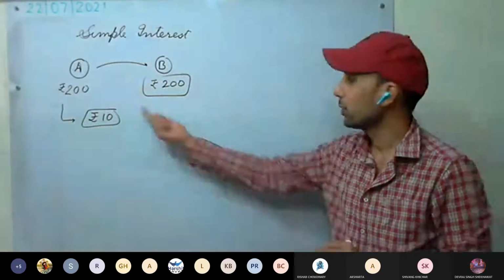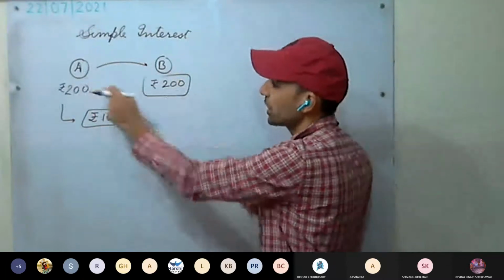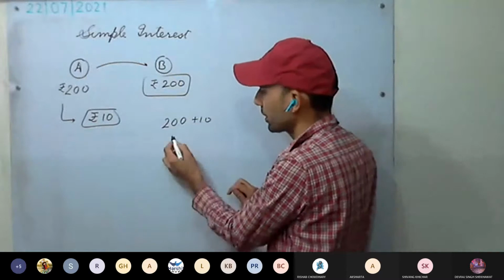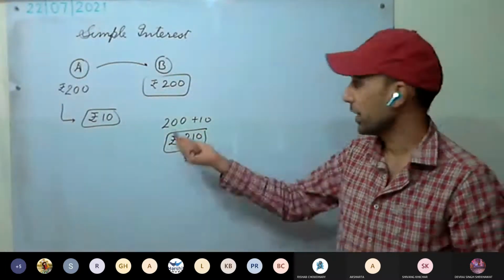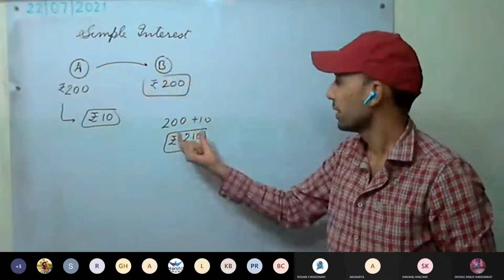So after 1 year, if B returns the money, B will pay 200 plus 10, that is 210.